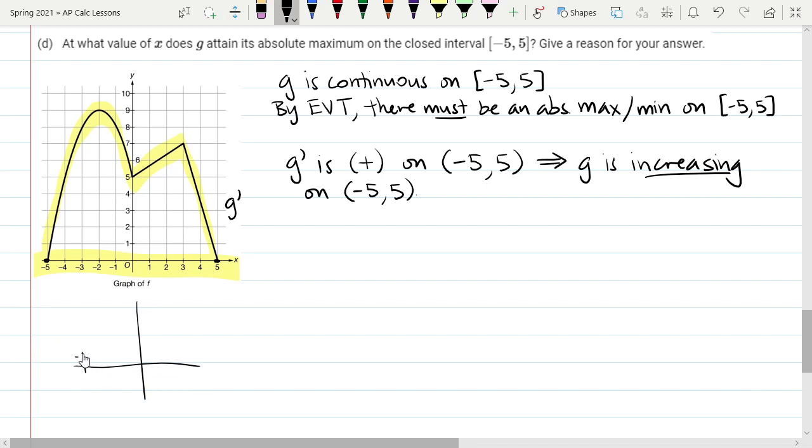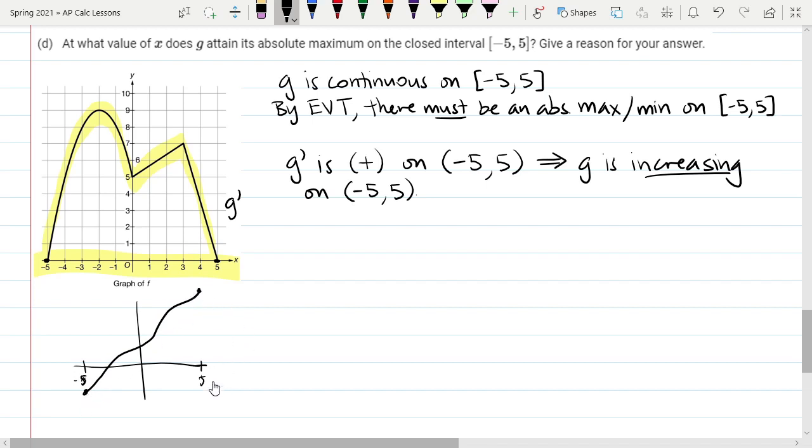If we know that g is increasing the entire time, then that means on whatever graph of g we have, at -5, I have no idea what the y-coordinate of g of -5 is. I have no idea what that is. But whatever it is, from -5 to 5, sorry about that, we know that g has to be increasing the whole time. I don't know exactly what it looks like along the way, but I know it's increasing the whole time.